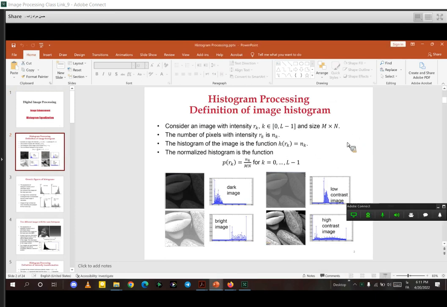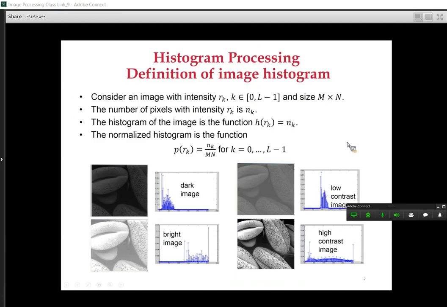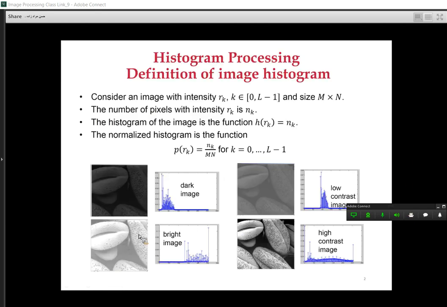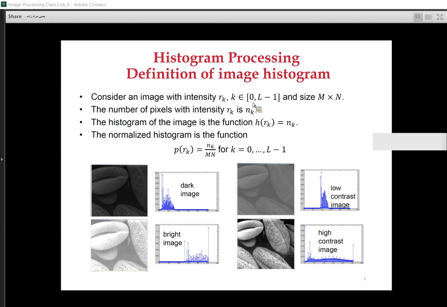This was histogram equalization, and this is the definition of image histogram. What is a histogram? Consider an image with intensity levels r_k, k from 0 to L, or L minus 1, and image size M by N. The number of pixels with intensity r_k is n_k.